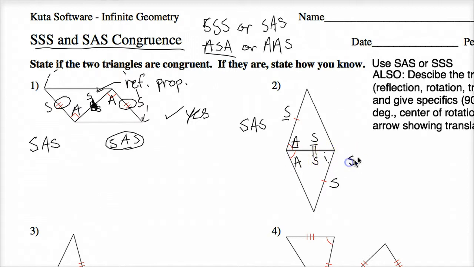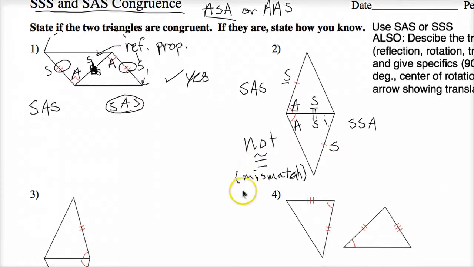This is more side, side, and then the angle not in between. So number 2 then is not congruent. And it's because it doesn't match. It's a mismatch. So then I can't say anything about a transformation or anything like that. But that's the general idea.